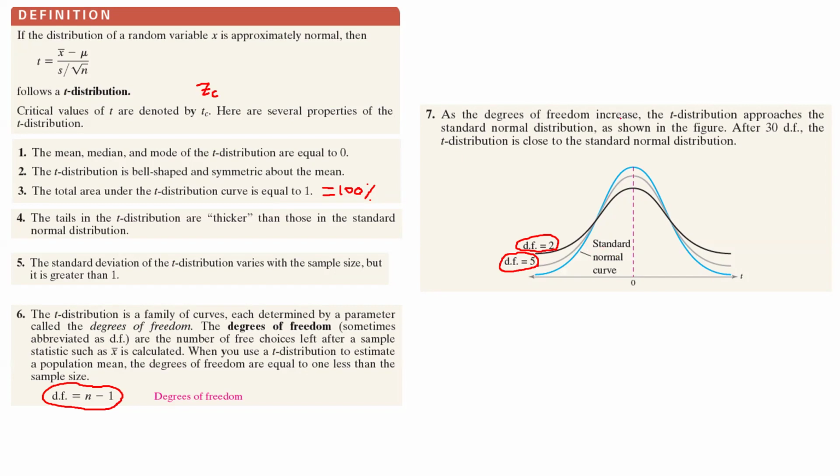As the degrees of freedom increase, the t distribution approaches the standard normal distribution as shown in the figure. After 30 degrees of freedom, the t distribution is close to the standard normal distribution. Very well.